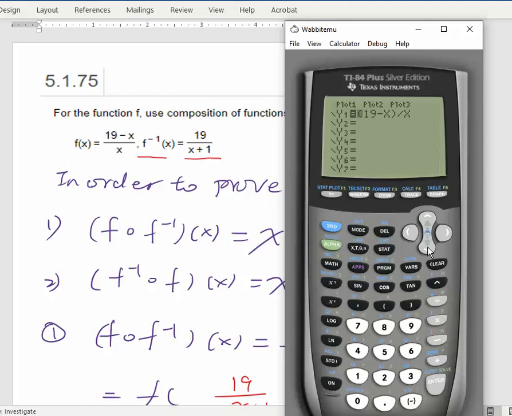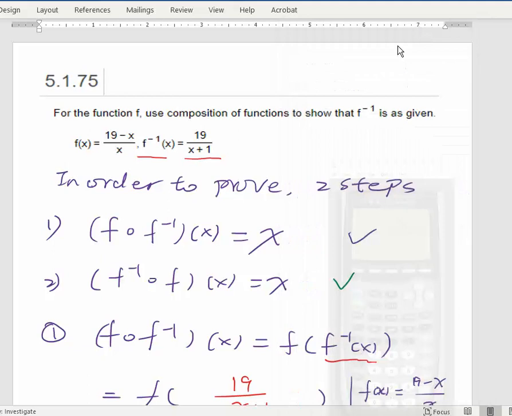Then if I graph the second one, which is 19 over x plus 1, you can see these two are kind of symmetric. It's a little hard to see here, but if I graph y equal to x, they're supposed to be symmetric around y equal to x. So that's why if you can prove these two compositions equal to x, they are inverses of each other. That is the concept here.